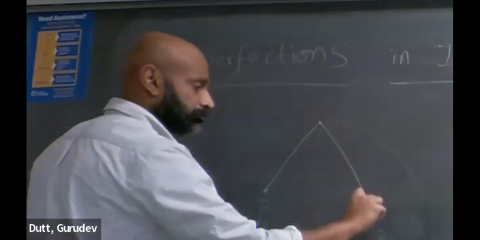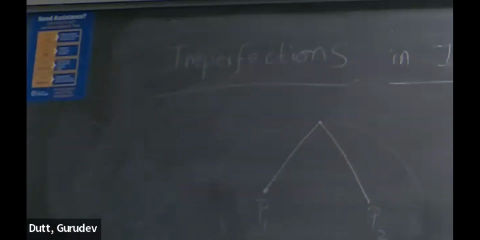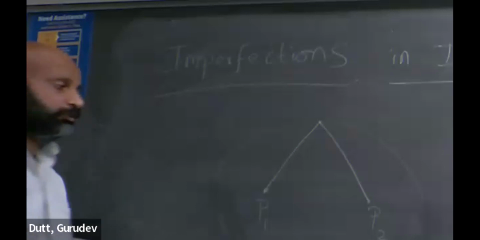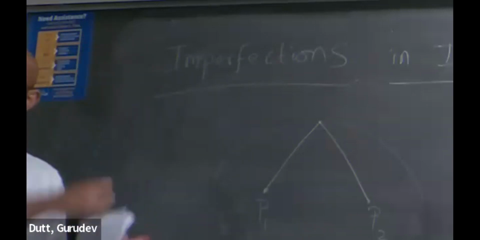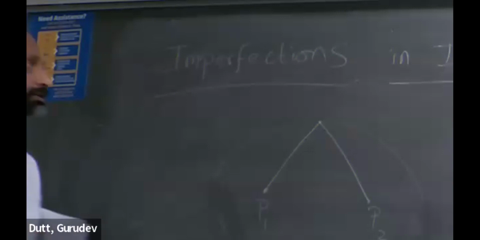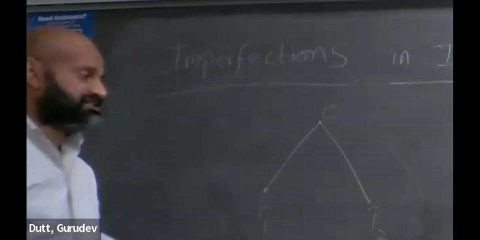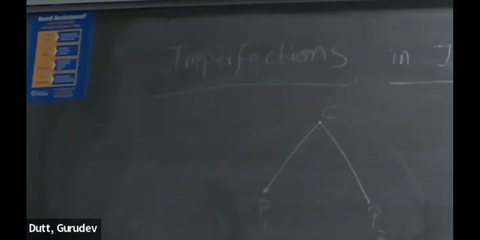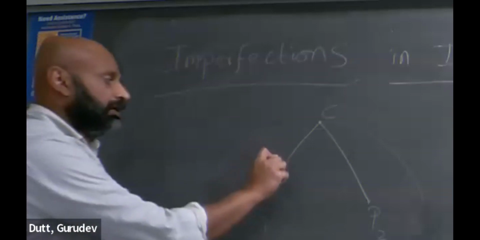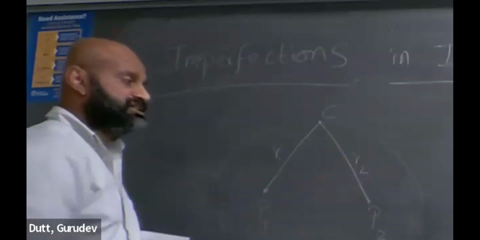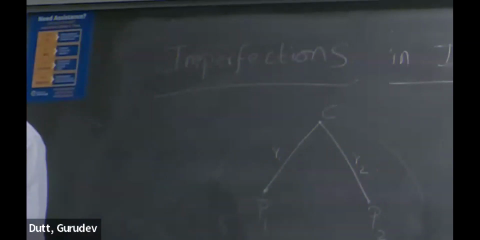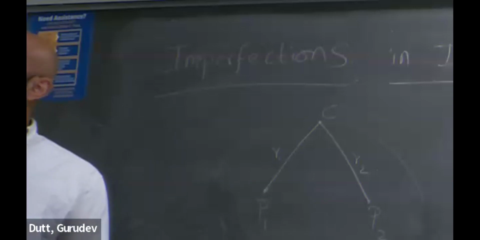I want the rays all to have the same distance from P1 to P2 while bouncing off this surface. So the point C lives on a reflecting surface, and every point on the surface must have the same total distance from P1 and P2. Meaning if these are the distances R1 and R2, R1 plus R2 must be a constant for every point on that surface. Do you know what such a surface might be called?